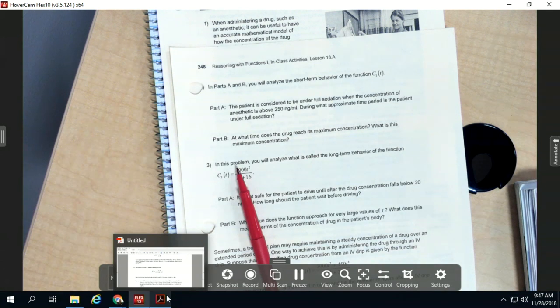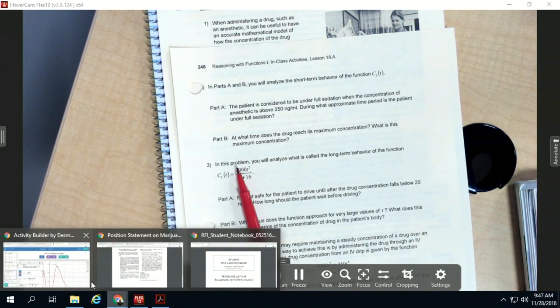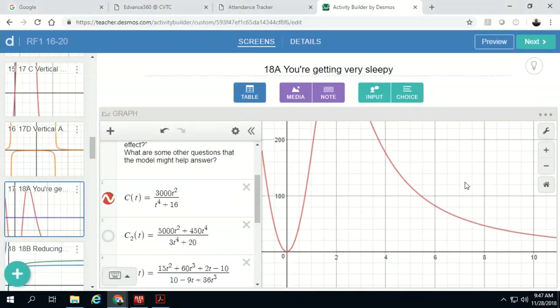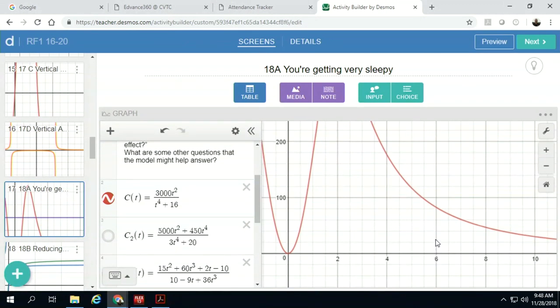You don't need to graph it. But if you were to graph it, it shouldn't surprise you that the closer you get to infinity, the closer the amount in your bloodstream will get to 0.